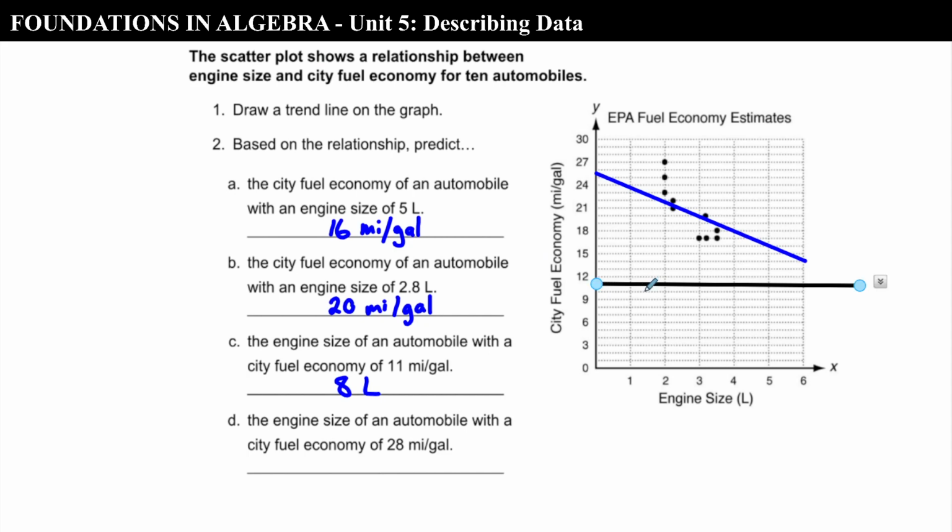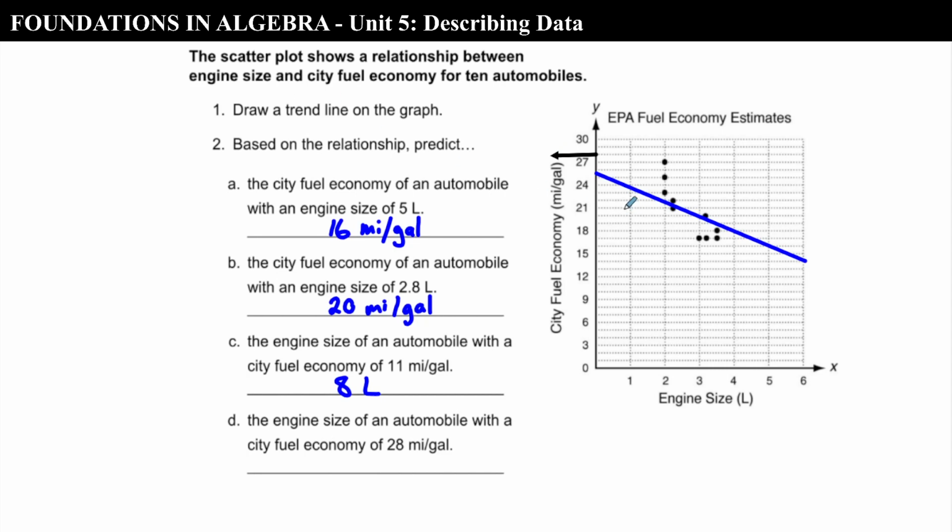Finally, for the last one, let's see what we get. With a fuel economy of 28 miles per gallon, that would be up here. And again, this is too high. We would actually have to go back this way, but our engine size is going to be 0, and you can't have a negative engine size.